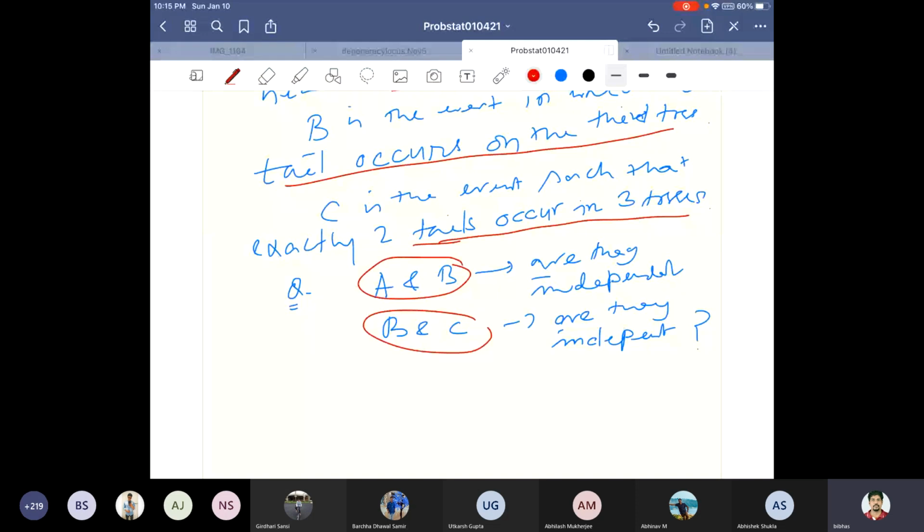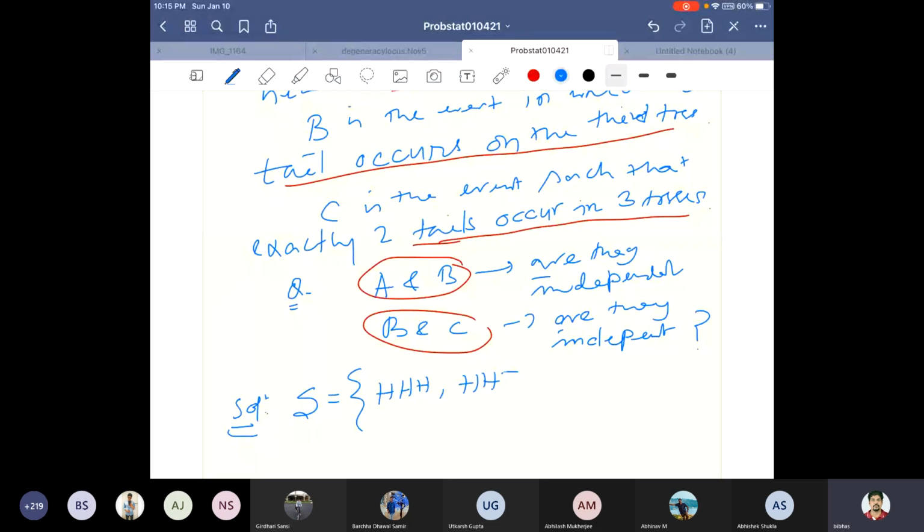If you want to answer this question, as I always say, you first have to consider the sample space. So what is the sample space, or possible outcomes? The experiment is about 3 tosses of a coin. So you will have outcomes like HHH, that means head, head, head.